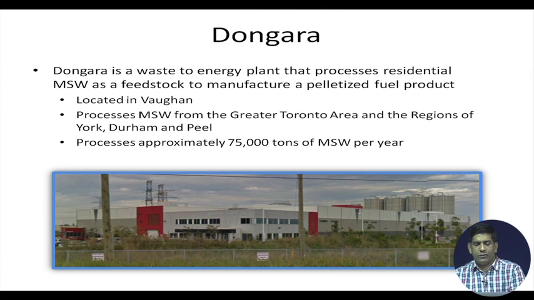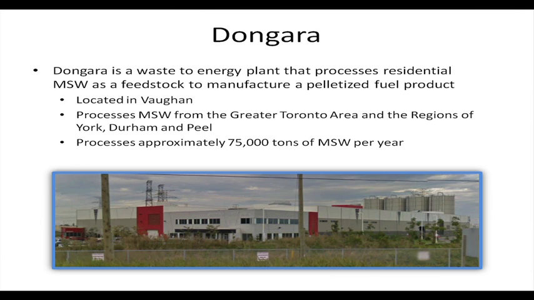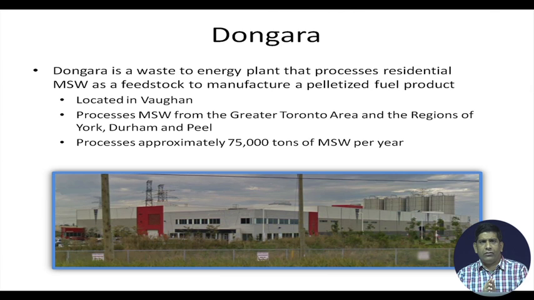When we say municipal solid waste in this particular area, these are all areas of Ontario, predominantly Southwest Ontario. Most of these cities that have been listed here have a three-way collection system for municipal solid waste.